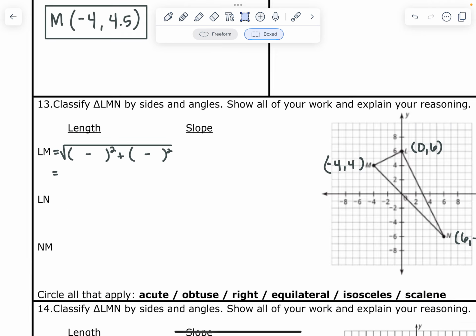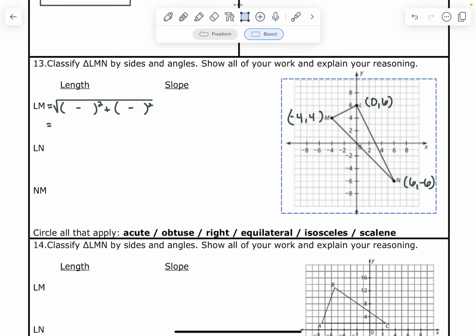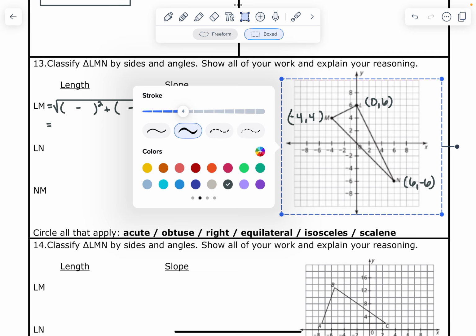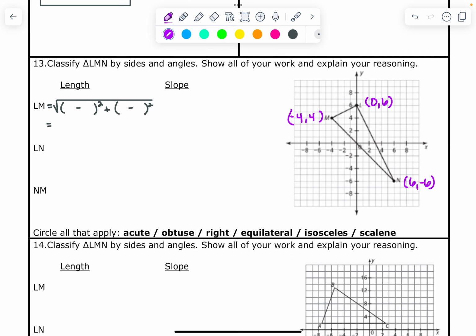So let's plug in the numbers: 0, -4, and then 6, 4.